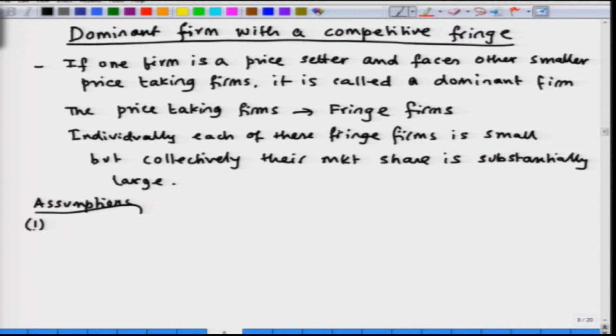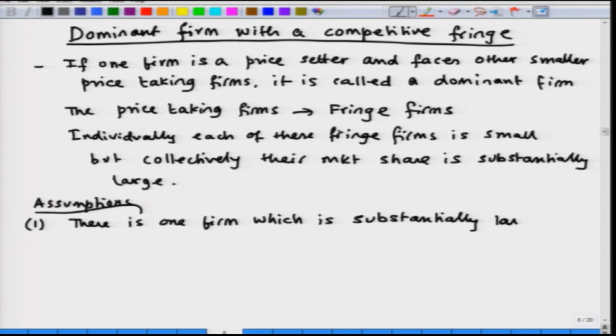The first assumption is that there is one firm which is substantially larger than the other firms.